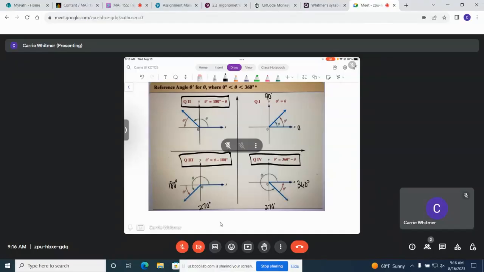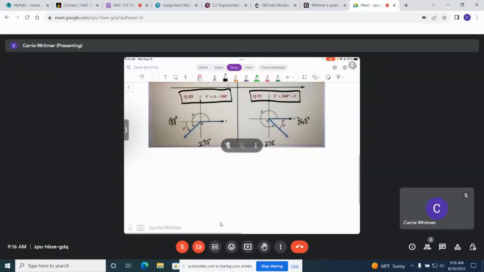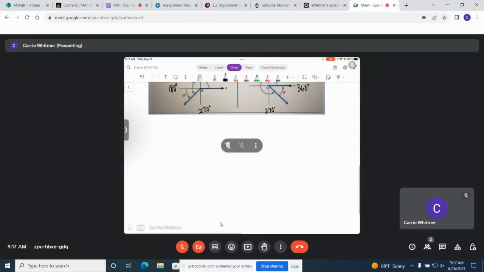Reference angles are important because we're going to use those to try to figure out trig values in different angles. So we're going to next look at a problem that matches up with number 4, and it's telling me that the tangent of negative 150 degrees is what we're looking at.